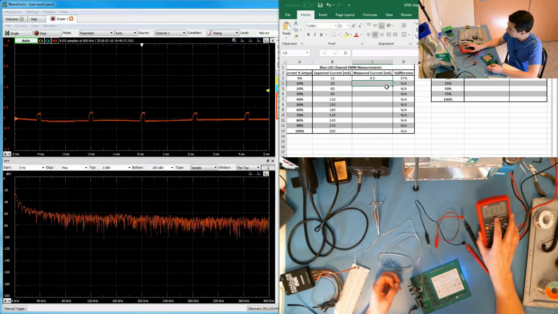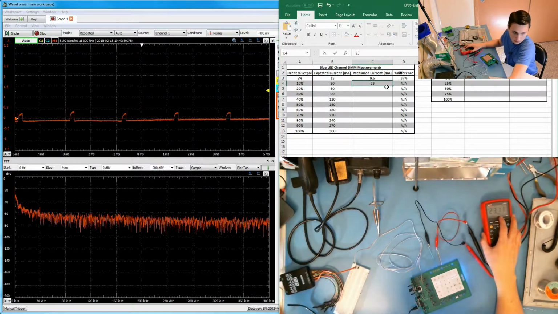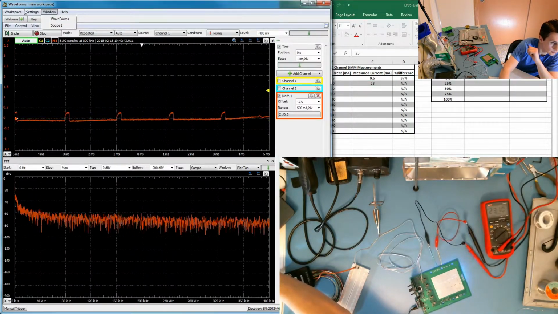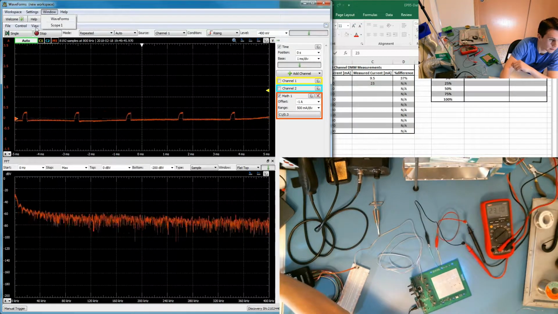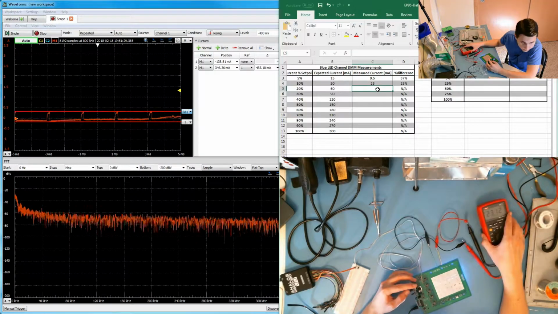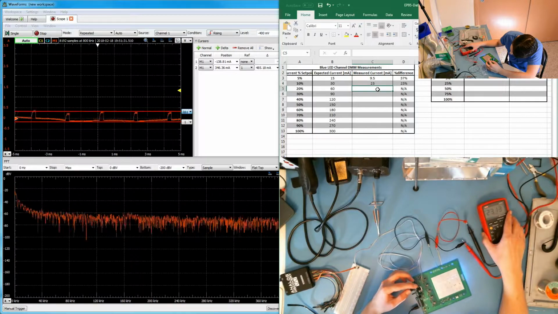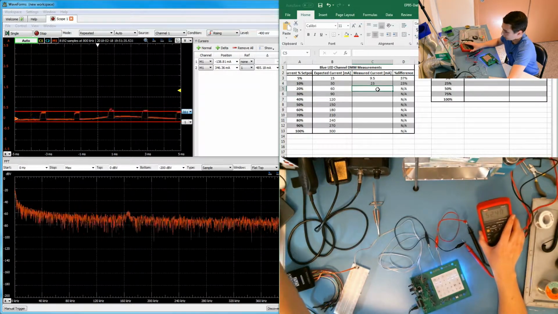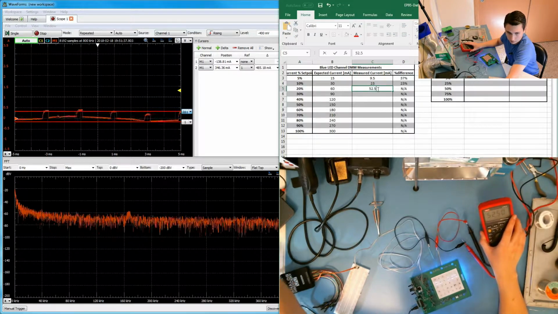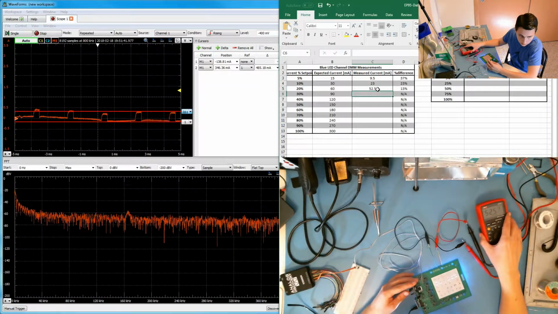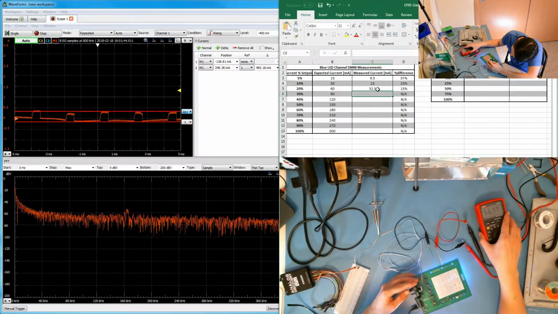We are measuring 23 milliamps. We're going to add on some cursors here. So we're going to 20% brightness at 52.5, then 30%.